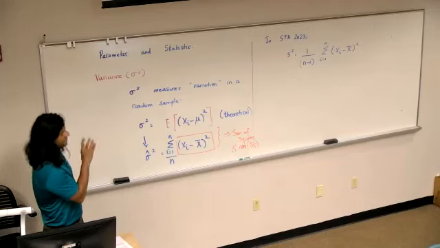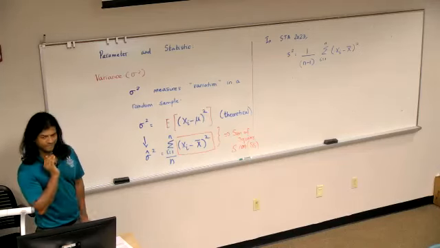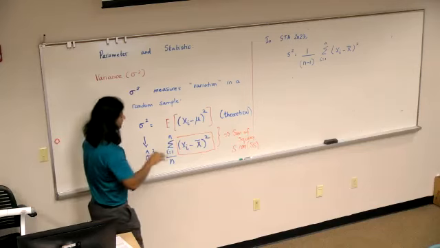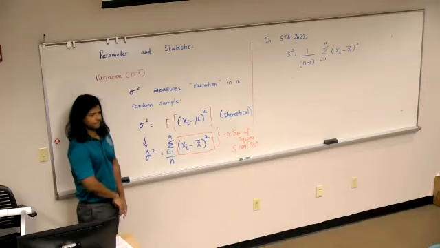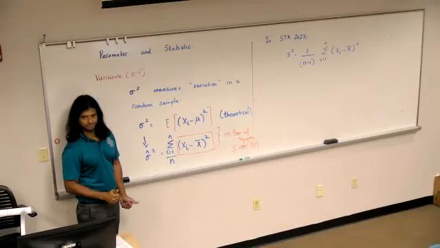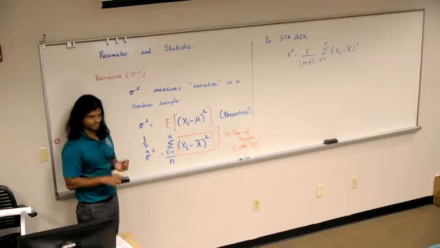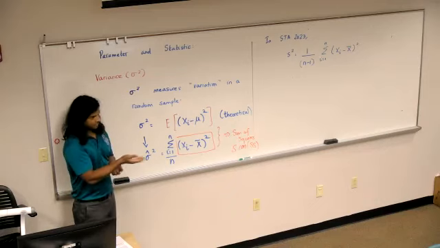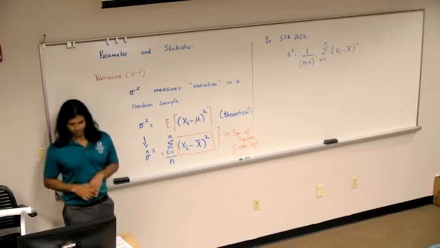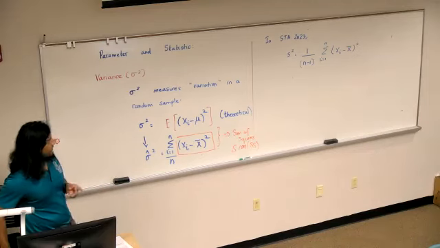So the sum of squares is quite important for our derivations. Are we clear so far? Good. Sum of squares, variance, mean, theoretical one, sample one. Good. We will do problems.